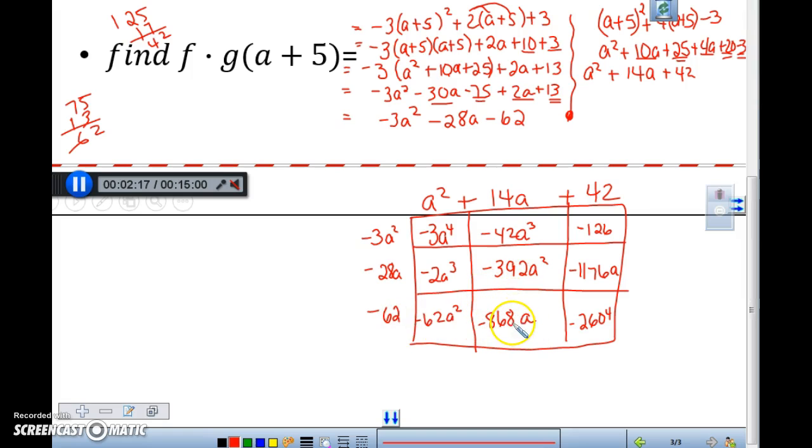And we want to combine like terms if possible. So here's a like term. So I have a negative 3a to the 4th and minus, well, that should be a 28, shouldn't it? 28 and 42 minus 70a cubed. And here's some more like terms here and here. Minus 454a squared.